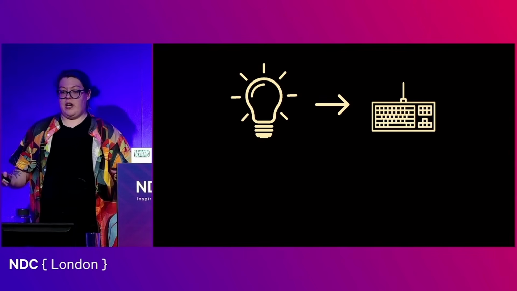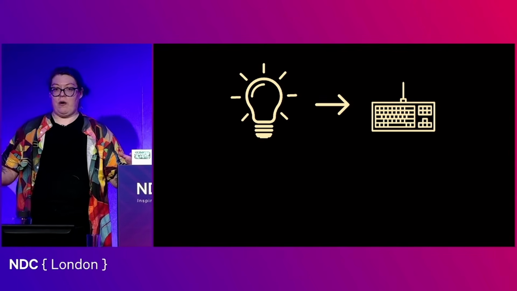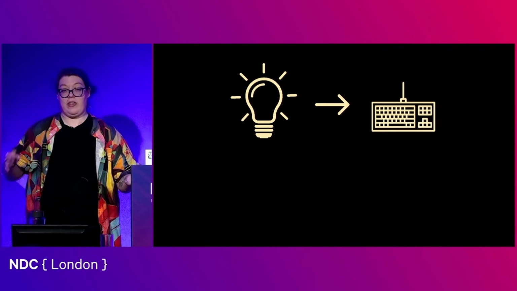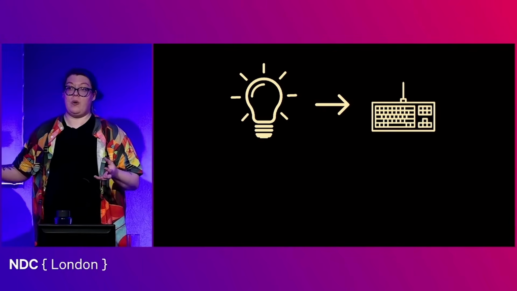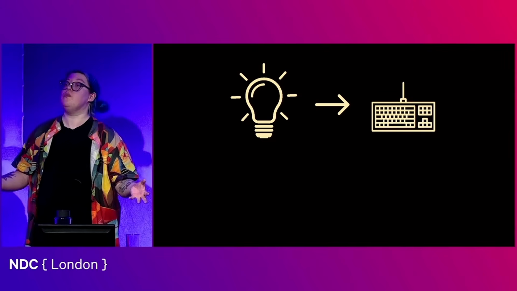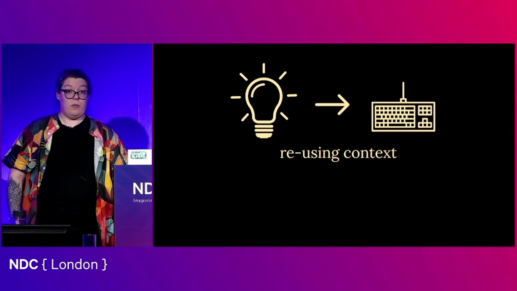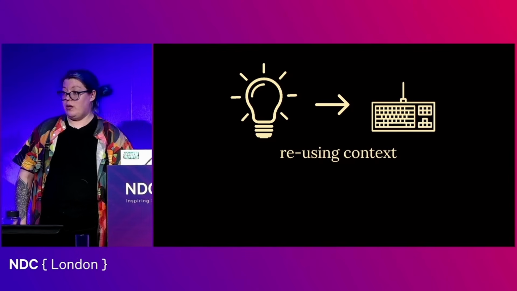I think domain-driven design arises very naturally out of these sort of frameworks about communication, and the way that I argue they apply to us as people who talk to computers as well as other people. But in short, we want to reuse context as much as possible.